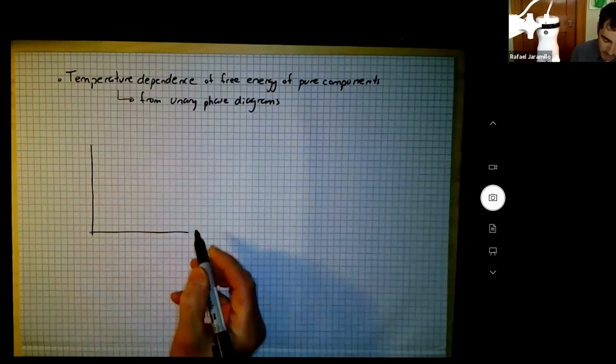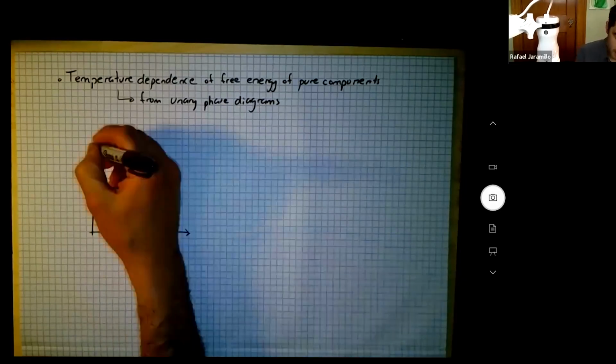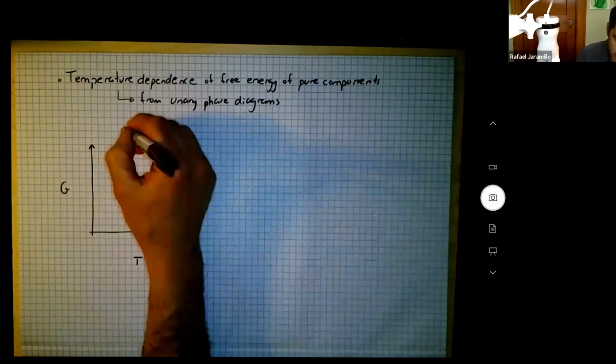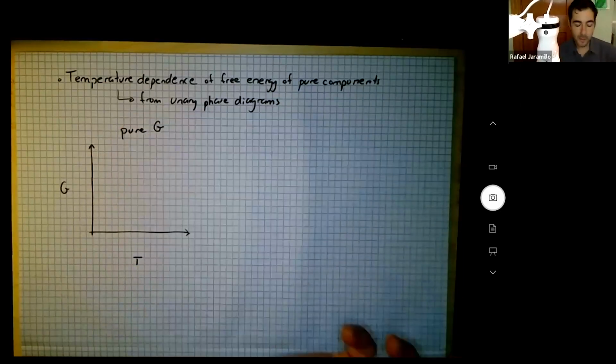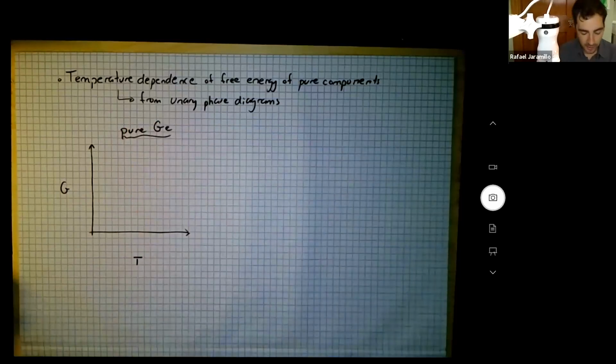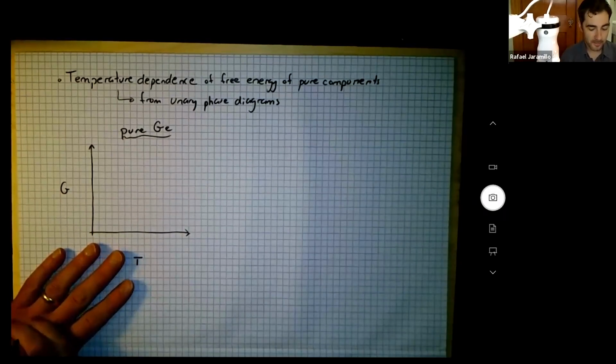This now is going to be temperature, and this is going to be Gibbs free energy, and this is going to be for pure germanium. I'm going to draw the Gibbs free energy versus temperature curves for the two phases in question here, alpha and liquid. Okay.